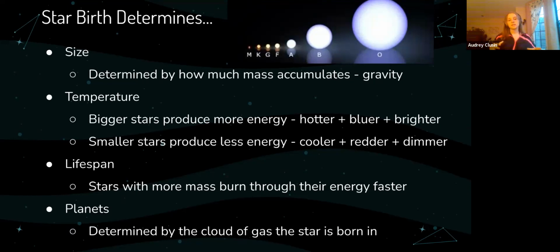This gravitational force is also going to impact the temperature. So the size, or more accurately, the mass is really important. Bigger stars that are more massive produce more energy because they have more gravitational energy. So in the core, there is more energy happening, which means that they're hotter.